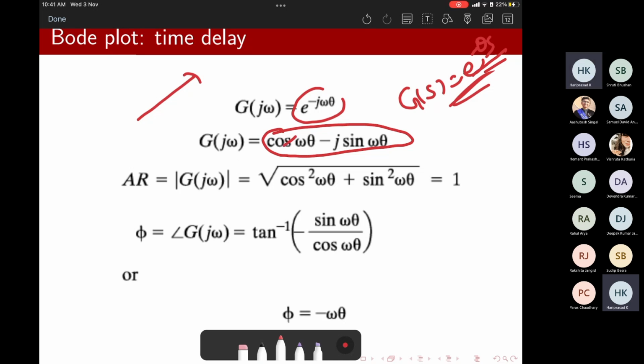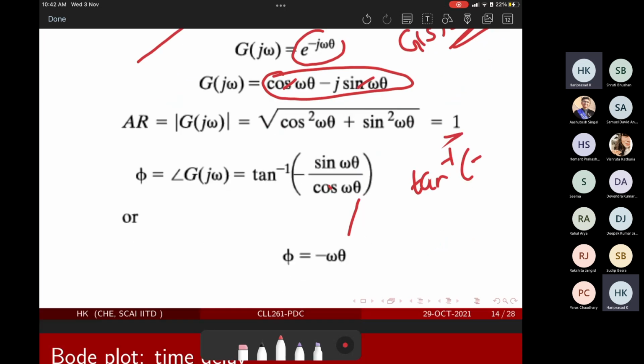The amplitude ratio, cos square plus sin square, will always be equal to 1, and the tan inverse of this eventually all cancels out and you will get minus omega theta.